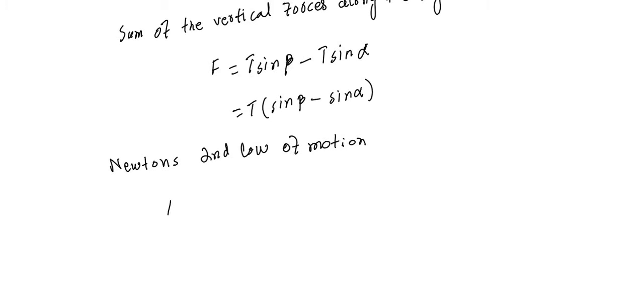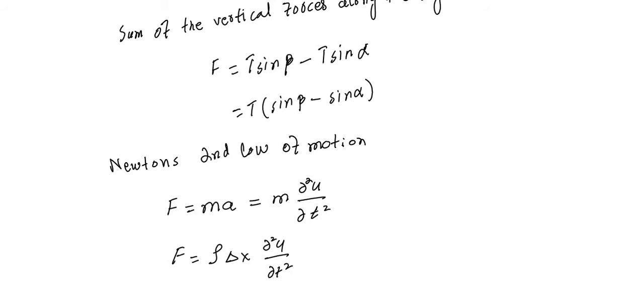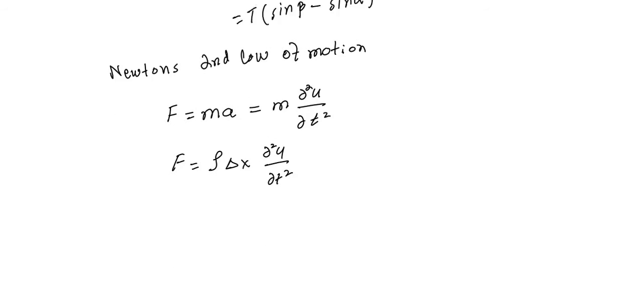It's very famous: F is equal to ma, and here our a is redefined in terms of u, and here we have t. From here you can replace the value of mass. What was our value of mass? We had this one. So you got a new equation here.